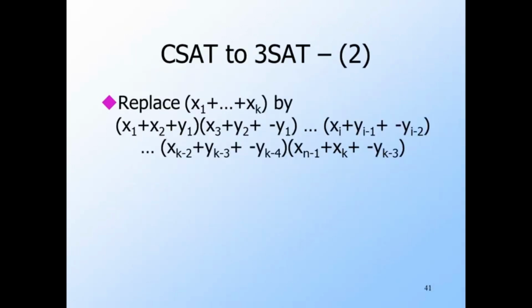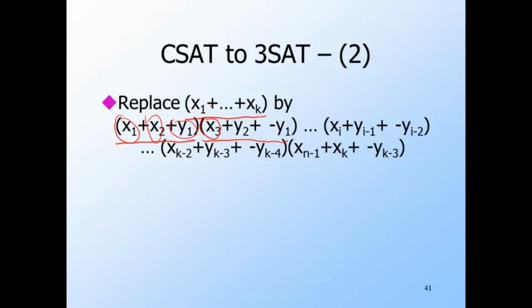We're going to replace the clause x1 through xk by k minus 2 clauses. The first consists of the first two literals, x1 and x2, and the first new variable unnegated, that's y1. The second, which is this, has only one of the original literals, x3, and two variables.